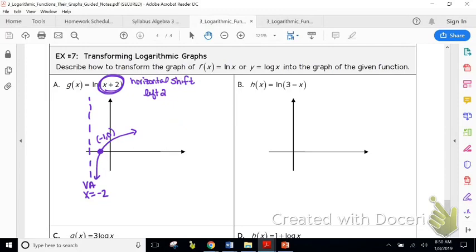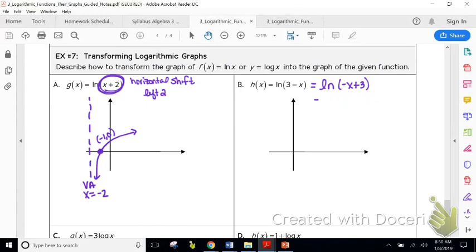All right, look at B. What's wrong with B? Yeah, it's goofy. So let's switch this around. This says it's the natural log of negative x plus 3, doesn't it? I'm going to leave it there.